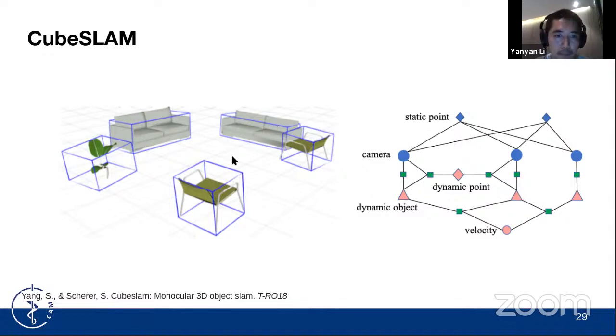It means points lying on some objects can be dynamic. So you can take different strategies to deal with static and dynamic points. If you use it in dynamic scenarios, it may be more robust.